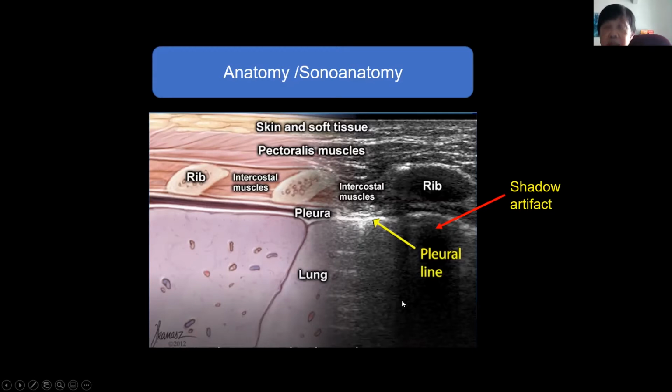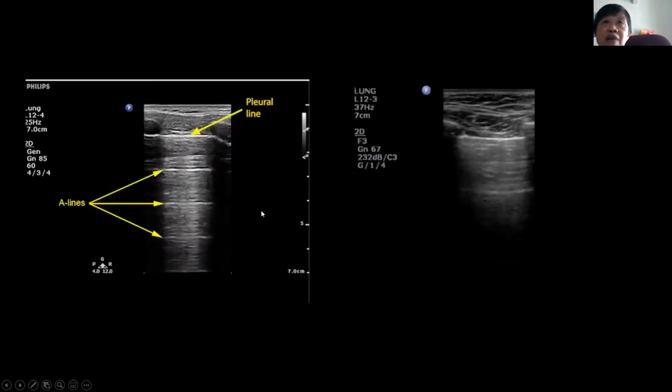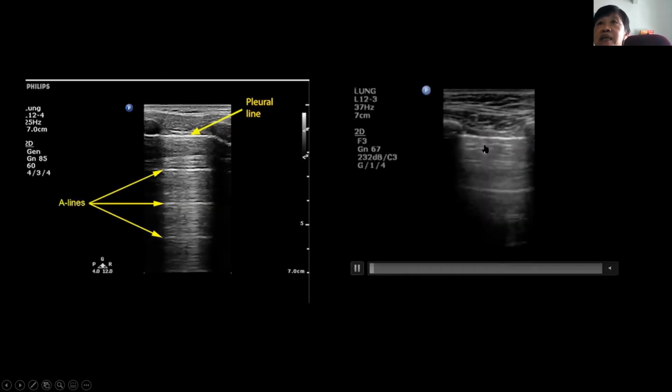So we are using artifacts to help us analyze the situation. The pleural line is here, and beyond the pleural line, you can see multiple lines called A lines, which are a reverberation artifact, equidistant from the skin to the pleural line, and all the way into the lung tissue. Here you can see the lung sliding.